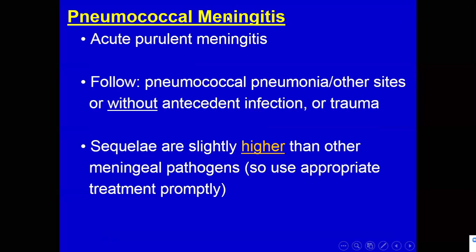The sequelae of meningitis of Streptococcus pneumoniae is usually higher than other pathogens that cause meningitis. So we have to use the appropriate antibiotic urgently, promptly, because of the complications that can occur from pneumococci when causing meningitis.